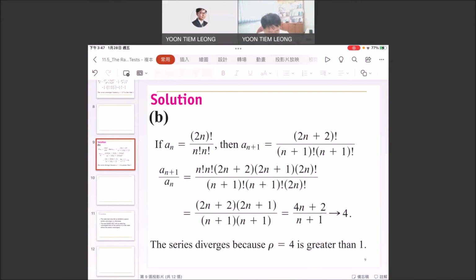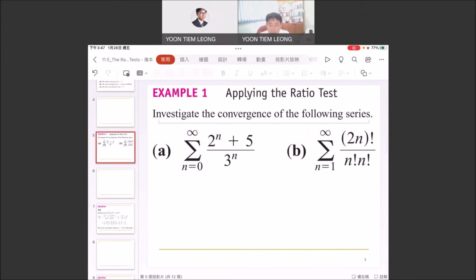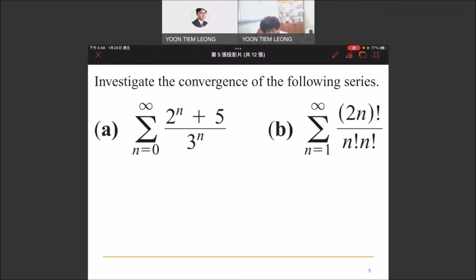Okay, so now we are looking at another example where you are asked to find the convergence for question B, which is these expressions, something that involves a factorial. For this kind of question, you can apply the ratio test, but in this particular case, the algebra dealing with factorial may not be very familiar to you.